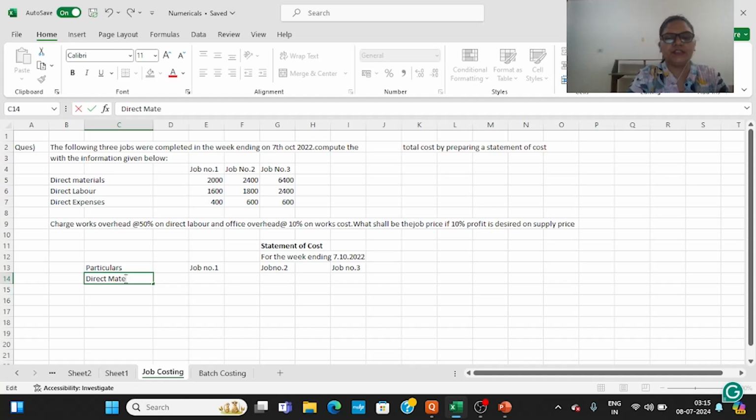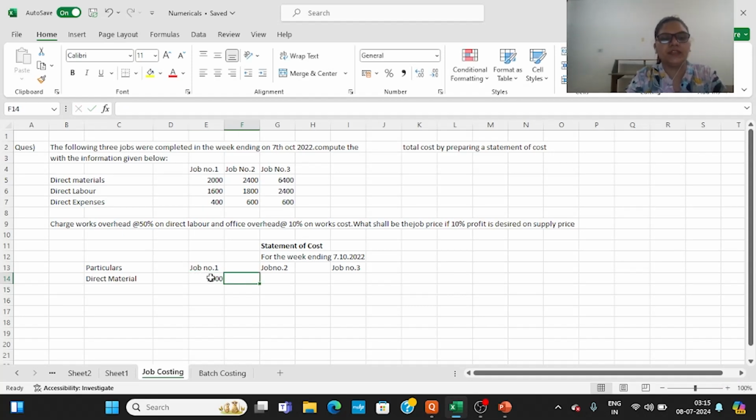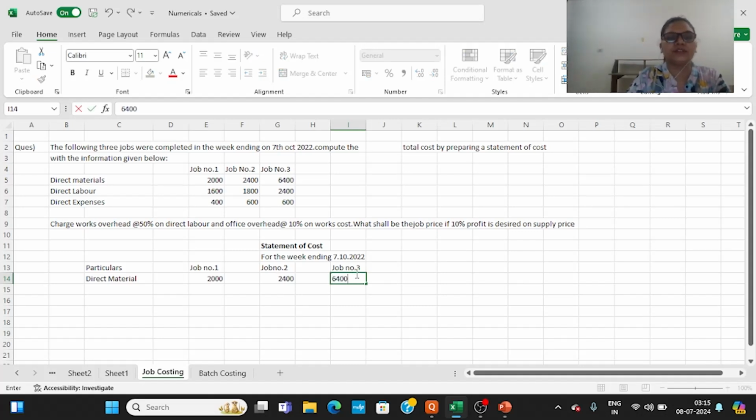Direct material: in job number 1 we have 2000, under job number 2 we have 2400, and job number 3 we have 6400.